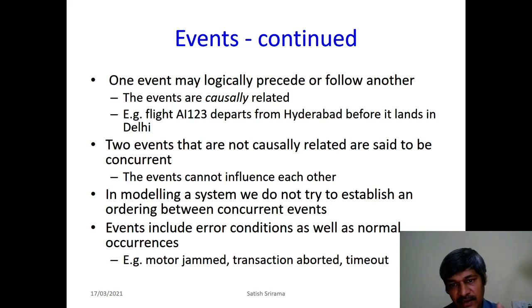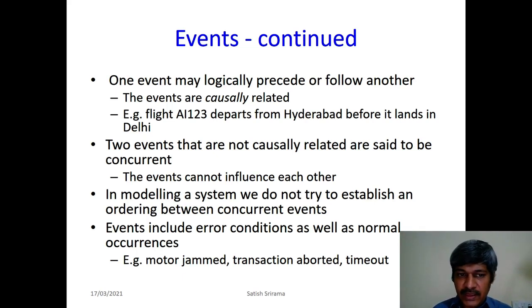But two events that are not causally related are said to be concurrent. Say for example, the flight leaving and a mouse button being clicked. They are not at all related, so they can be concurrent. The events cannot influence each other.